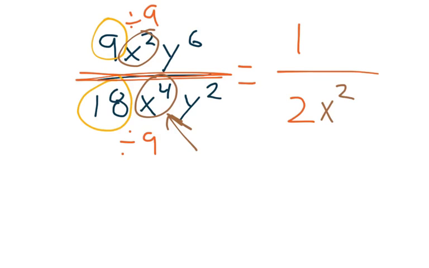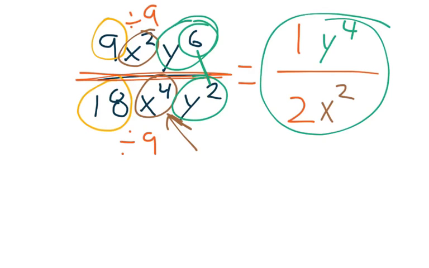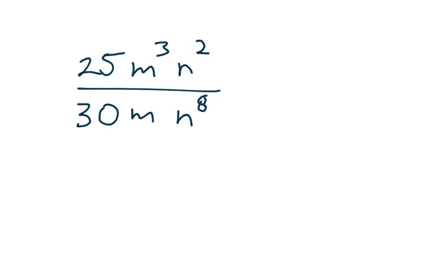So whatever the higher power is, that's where it goes. Finally, what about y^6 and y^2? Well, 6 minus 2 is 4, and the 6 is a higher power, so that's why y^4 goes in the numerator, and that's all there is to it. So regular numbers you reduce, like always. Powers you subtract.